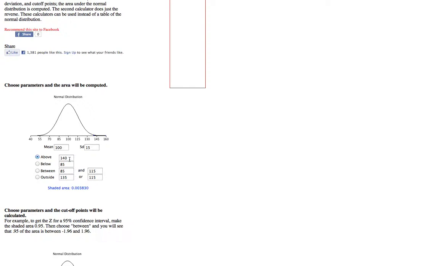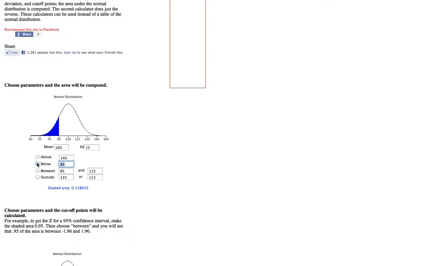And people with 140 IQs are rare. And you may say, well, how rare is that? And if you look down here, it says the shaded area, which is right here, is equivalent to 0.0038. Well, that is 0.4%. 0.4% of the population have an IQ above 140. So not too many people in the entire population have IQs that high.